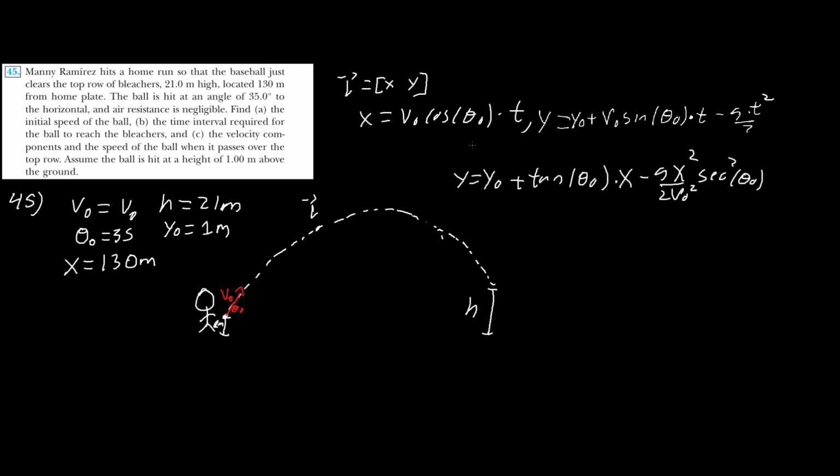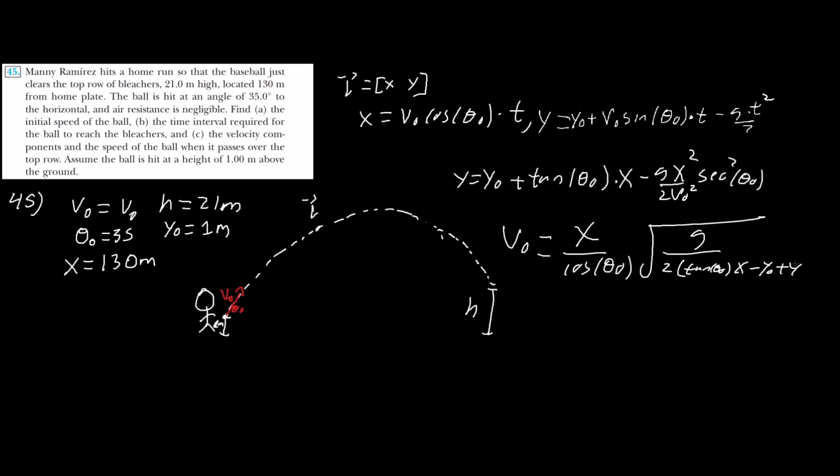So once you solve for v naught, you get v naught equals x, which is 130 meters, over cosine of theta naught, times the square root of gravity divided by 2 times tangent of theta naught times x minus y naught plus y, which is the h.